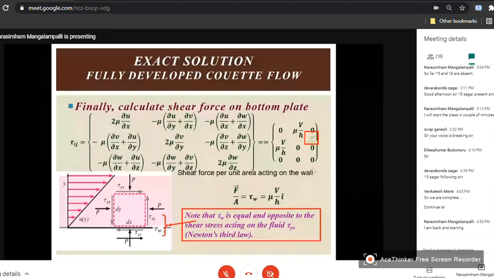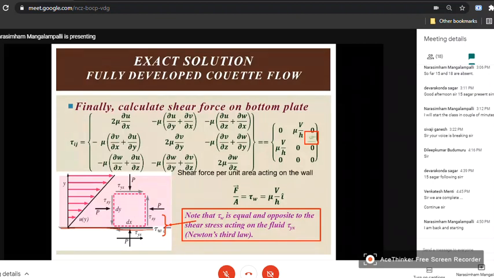Okay. Force on the bottom plate. Look at this figure. See, this is the bottom plate. And on this bottom plate, the shear stresses will act.